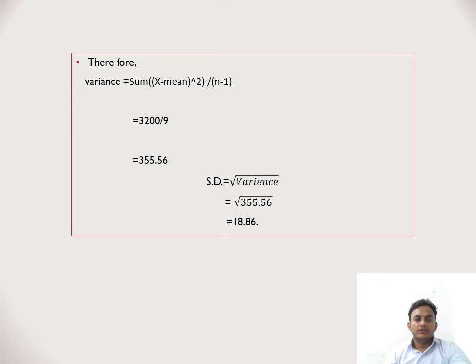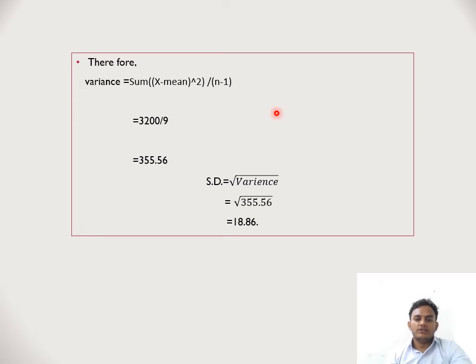If we see the numerator of the variance formula, it is the sum of (x minus mean) whole square. In the previous slide, in the third column, we already calculated all the squared differences. One thing to note here is that the denominator is n minus 1.